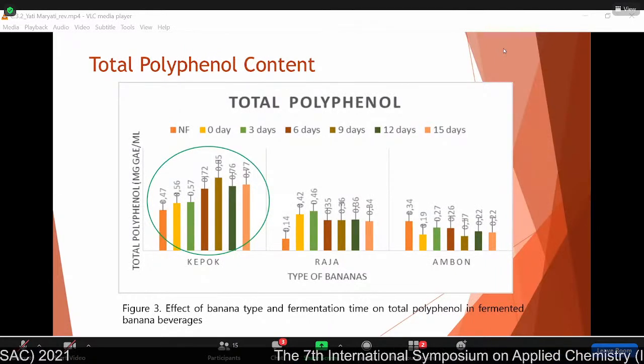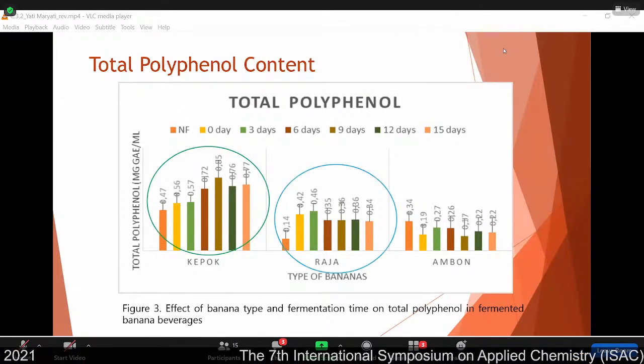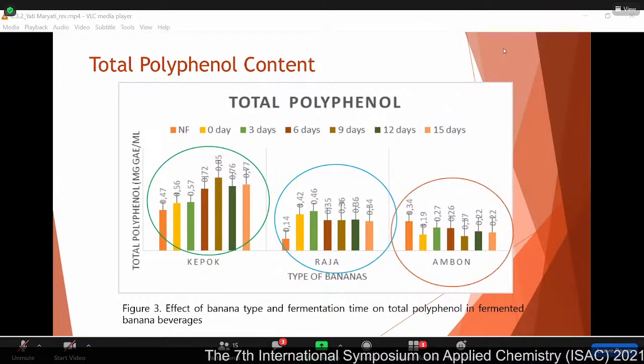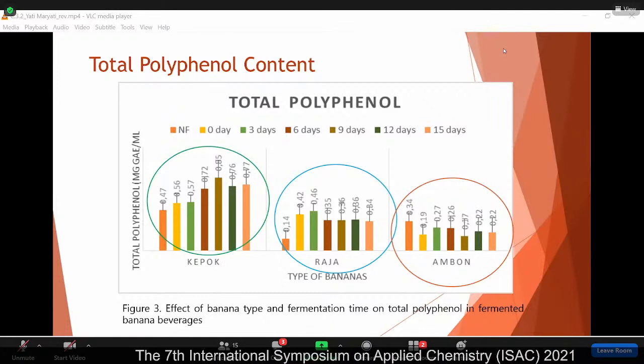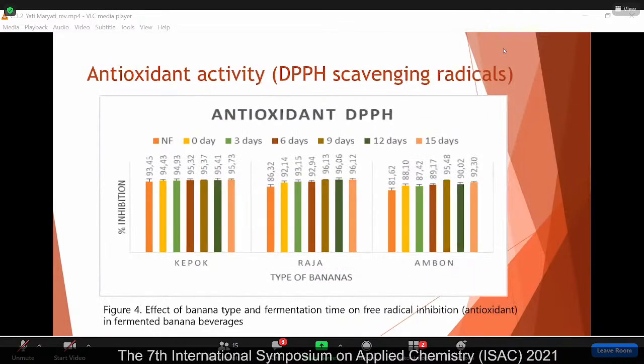In this banana fermentation, the highest total polyphenol was in Kepok bananas, and the optimum was at 9 days of fermentation, followed by Raja and Ambon banana.